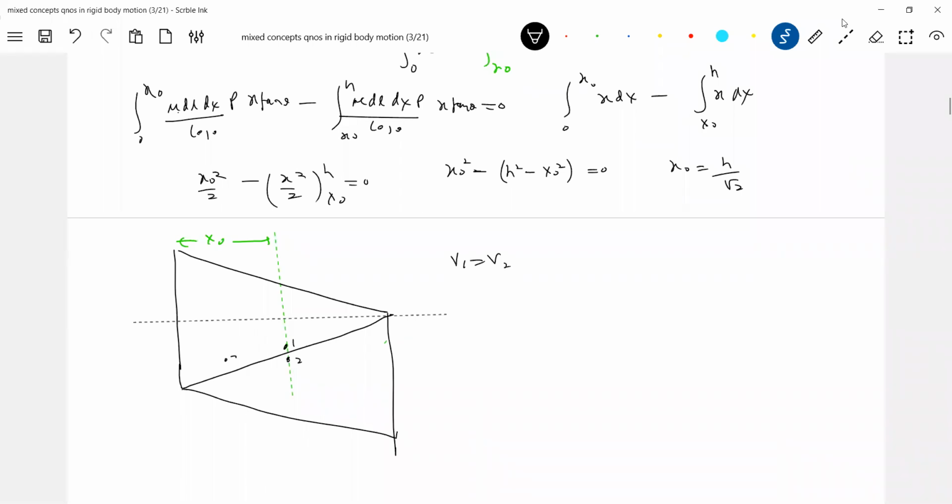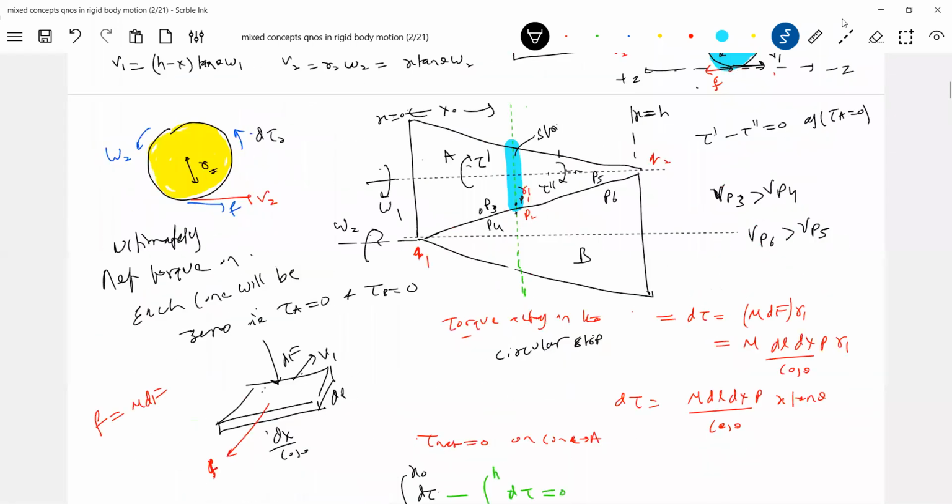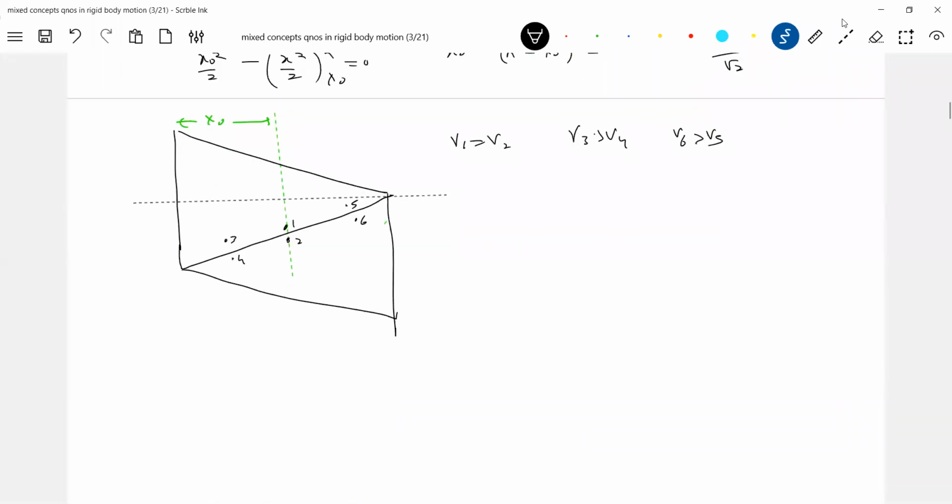I think we took 3 and 4. V3 greater than V4. This is something very important. So what is the torque? What is the direction we assumed? This one. Okay, I agree, this one.